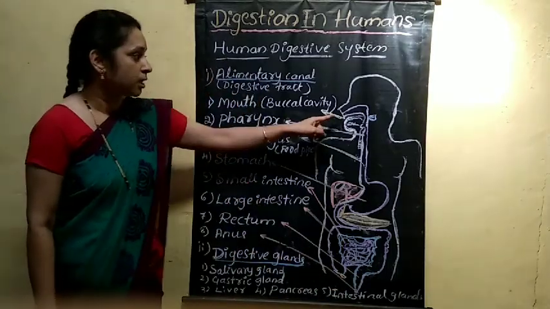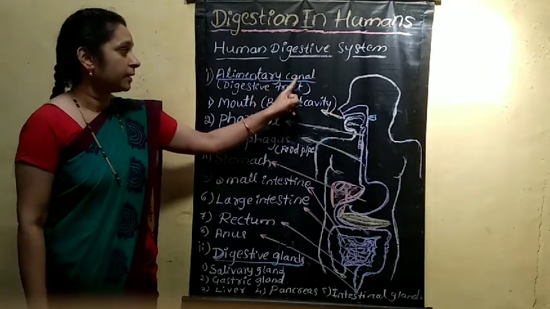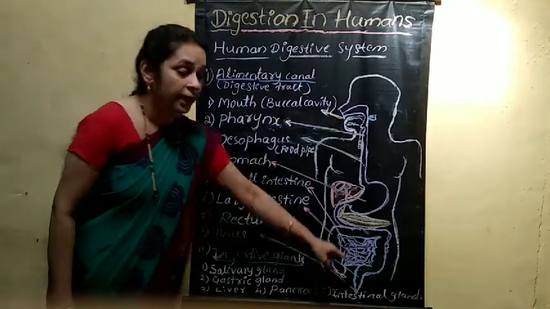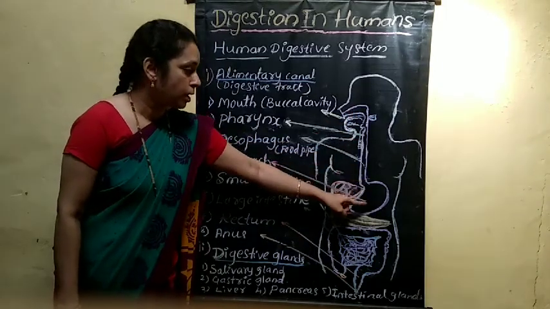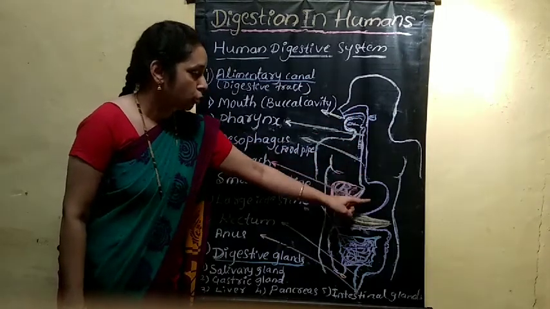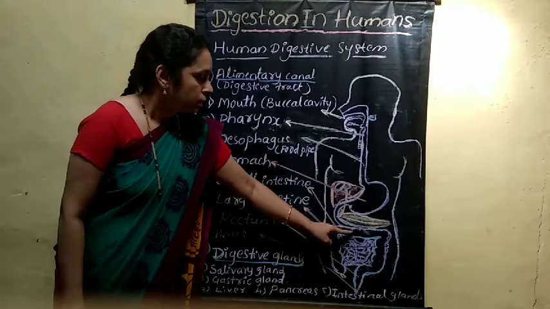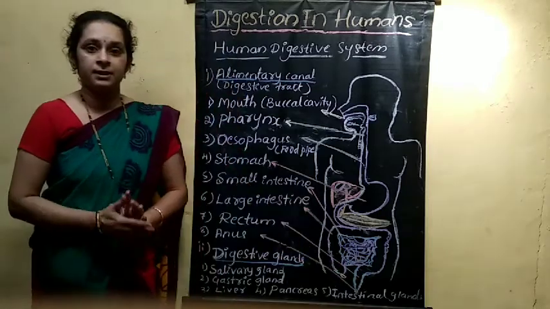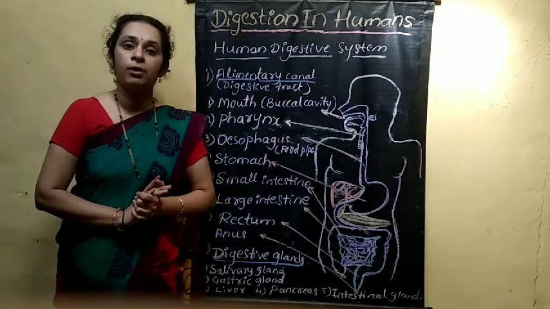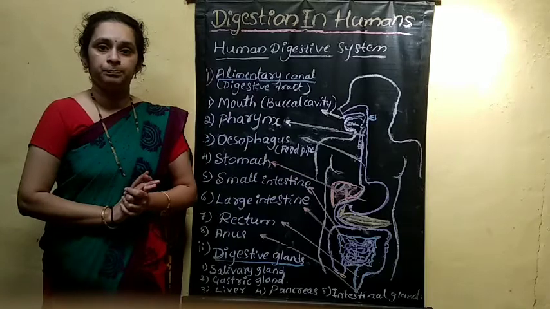This alimentary canal starts from the mouth and ends at the anus: mouth, pharynx, food pipe, stomach, small intestine, large intestine, rectum, anus. These are the parts of the alimentary canal.